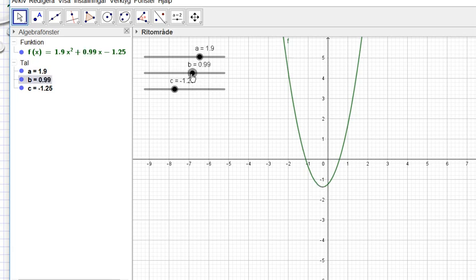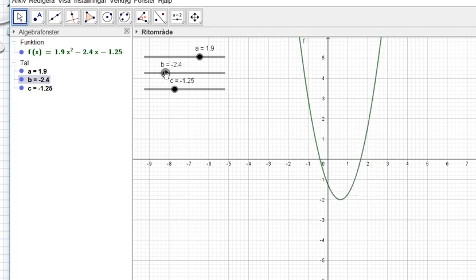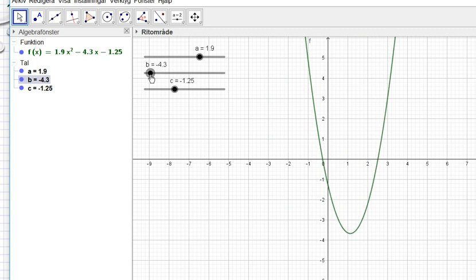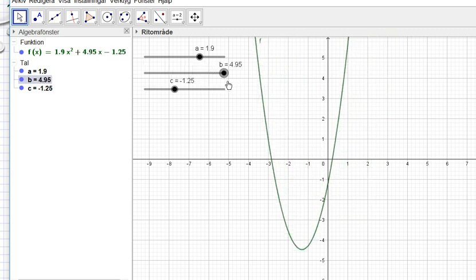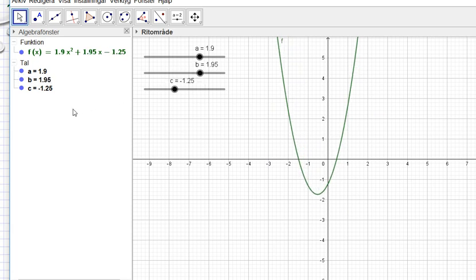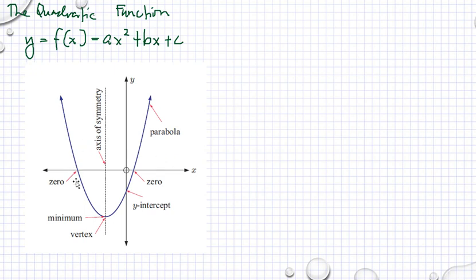Okay, for the b, you can see that it only changes things along the x-axis. Yeah, and then I will continue here now. Here are the captions of the things that I told you.